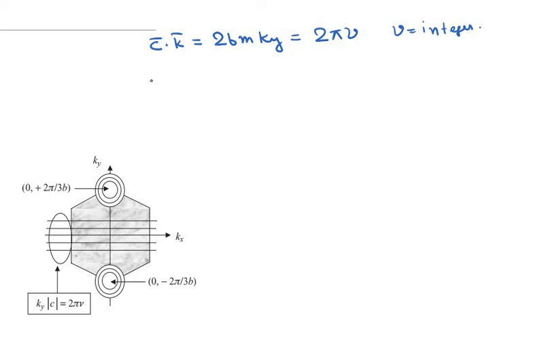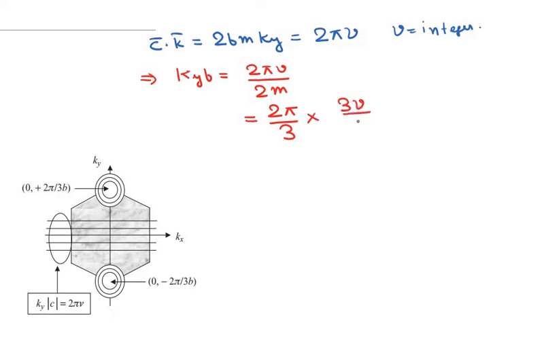And here we note that kyb is equal to 2 pi v divided by 2m, and we can actually write it as 2 pi divided by 3 times 3v divided by 2m.